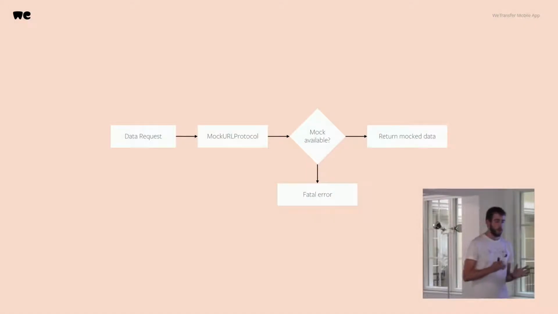If you look at how the flow works, a request starts, the URL protocol catches the request, and checks if a mock exists. If not, a fatal error will be thrown. Otherwise, the mocked data will be returned. Mock data can be image files or data files, or JSON for JSON requests.